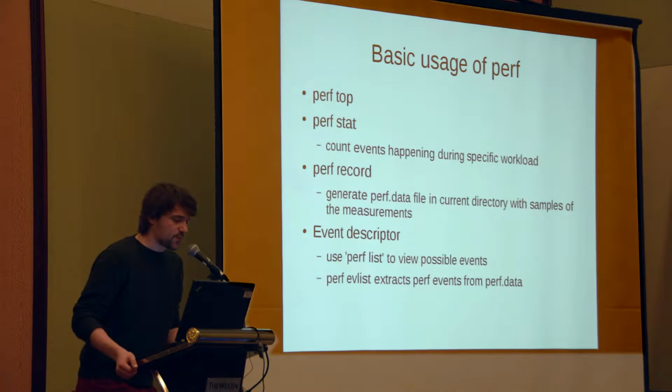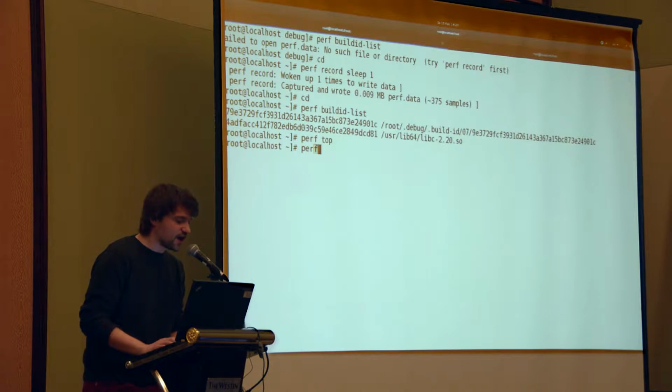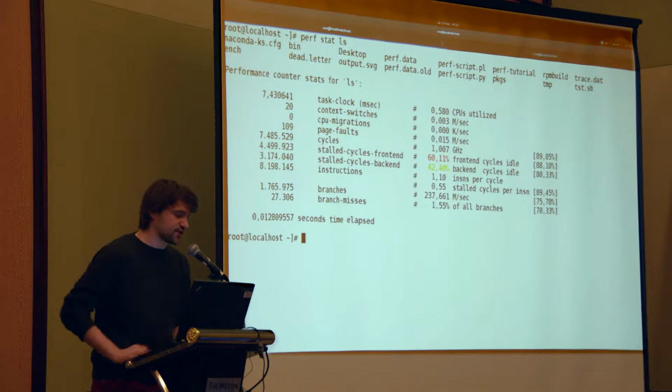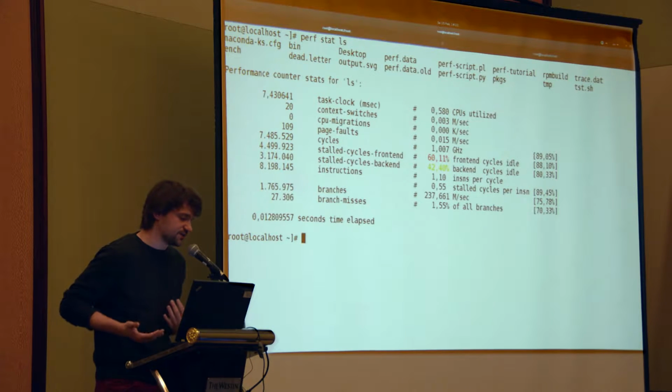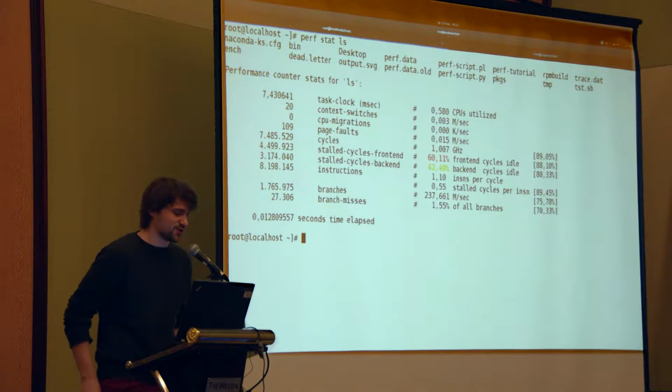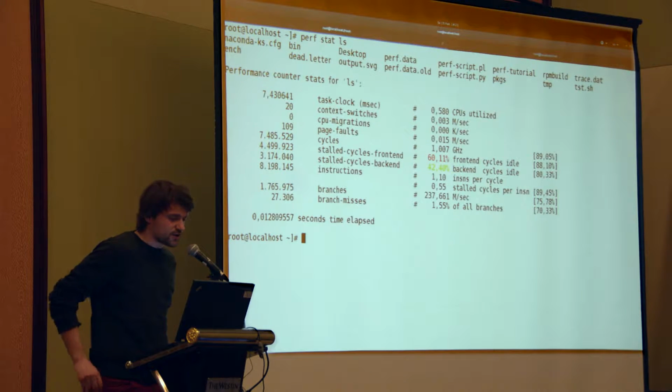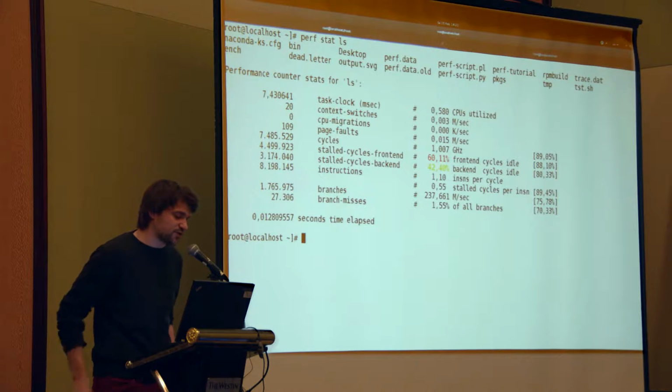The next command is perf stat, which is pretty easy. You can just specify a binary or a workload to run, and it just gives you some numbers. perf stat is also pretty much extensible, so you can specify your own events, and you see a lot of numbers, but we can later see how we can look into specific numbers or what they actually mean.